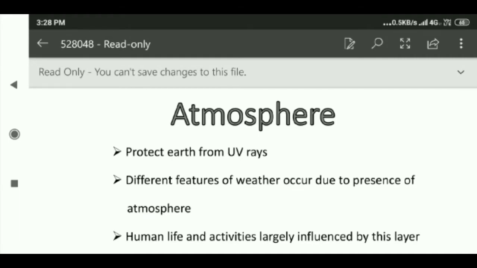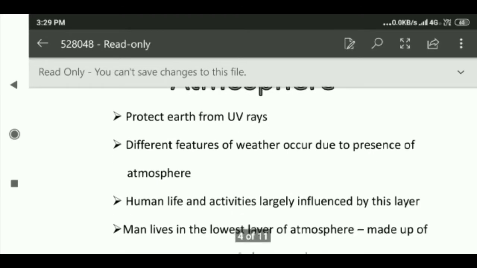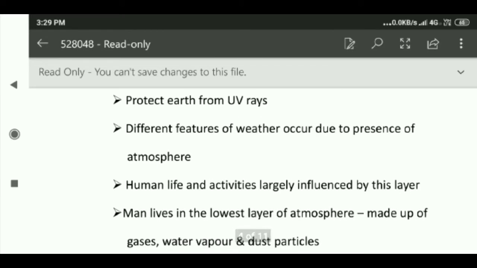Different features of weather like fog, mist, dew, snow, rainfall, lightning, thunder and storms occur only due to the presence of atmosphere. Human life and activities are largely influenced by this layer.